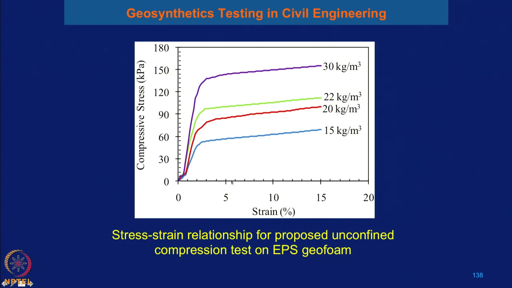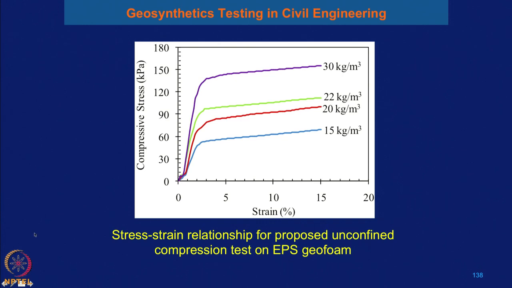For the 5% strain, what will be the compressive stress? For 5%, what is the compressive strength for 15 kg per meter cube, for 20 kg per meter cube, 22 kg per meter cube and 30 kg per meter cube.